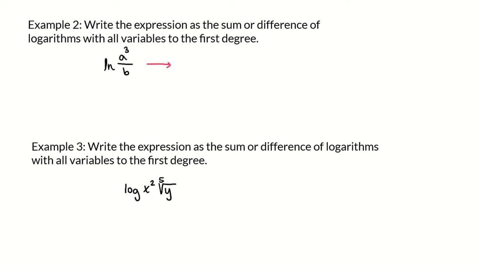So we can write this as log base e, or ln, of a to the 3rd minus ln of b. Because of the division, we can replace this as separate logarithms with subtraction.